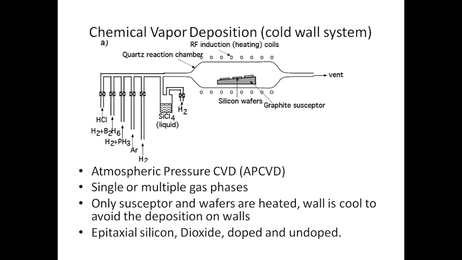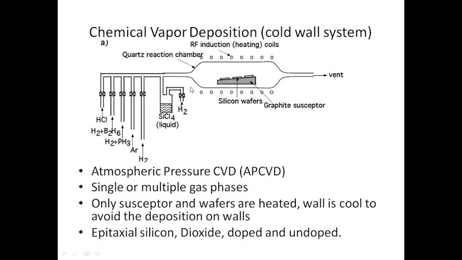If you can see here, this is a process where they are trying to deposit silicon on this surface. Here is a constituent in the form of liquid, and hydrogen is bubbled through this liquid, and it will be carried onto this chamber where we have put these silicon surfaces.